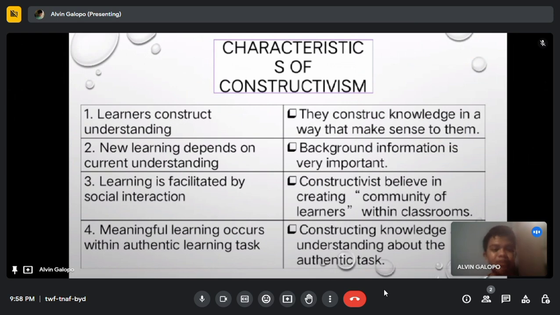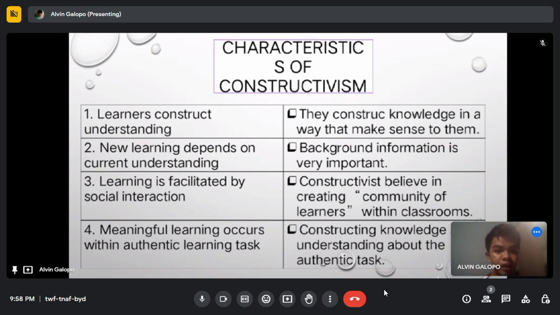Now, the third one, learning is facilitated by social interaction. Constructivism recognizes the importance of social interactions, wherein they believe in creating a community of learners within classrooms that would facilitate learning.